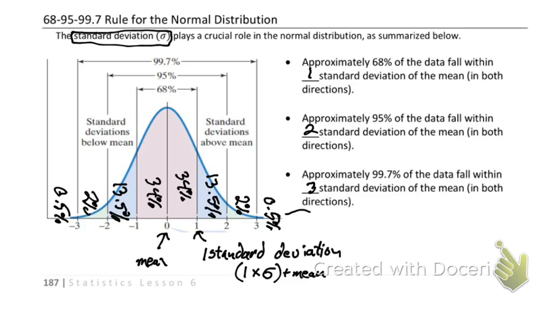So anything past 3 standard deviations is known as a tail. Those are really high or really low values. They're very, very rare. Most of our stuff is going to happen between 3 and negative 3 standard deviations because 99.7% of our data is in there.